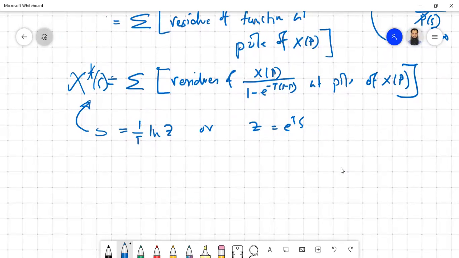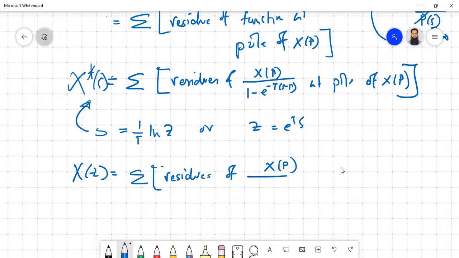Eventually the Z transformation X(z) is the summation of the residues of XP times 1 by 1 minus e to the power minus T(s minus p), at the poles of XP.